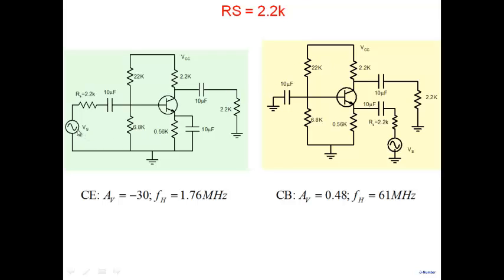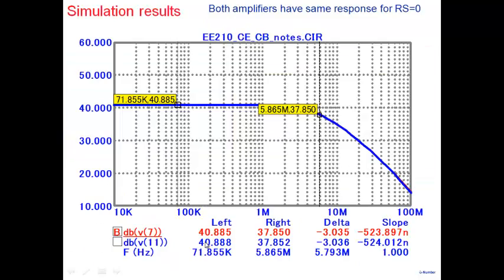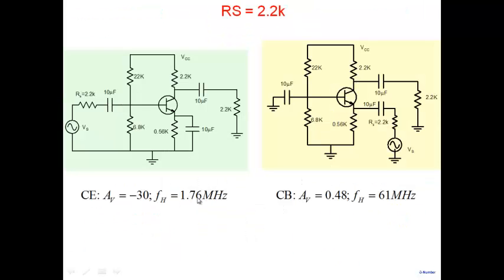V0 divided by Vs. Why has the gain dropped to 30? Because it has dropped across RS, right? The signal here, part of it got dropped here, and the remaining appeared here, and that got amplified, so the gain dropped to 30. Upper cutoff frequency dropped from 5.8 to 1.76. Why did the upper cutoff frequency drop?